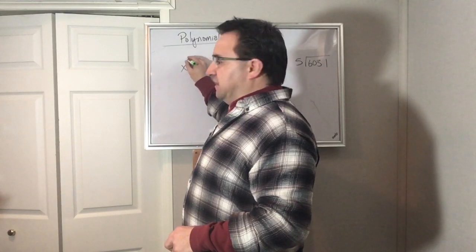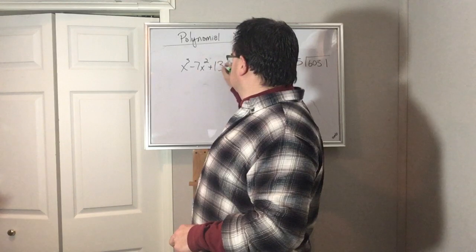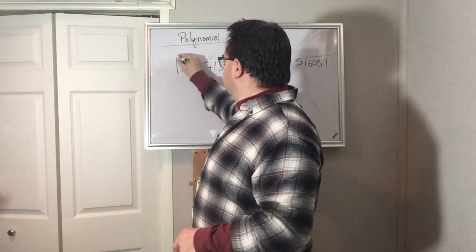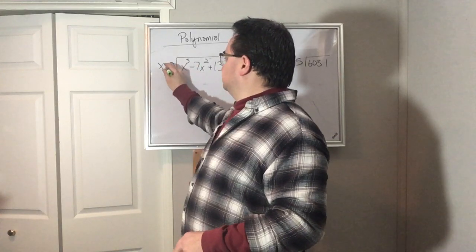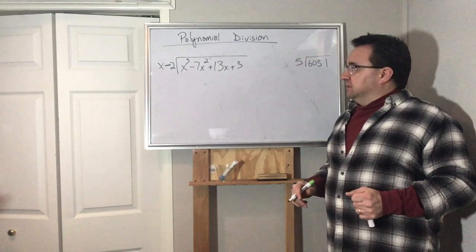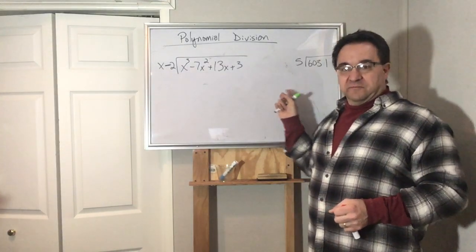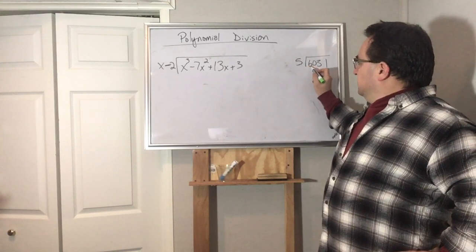Suppose you have x to the third, 7x squared, and I want to divide it by x minus 2. Well, that looks pretty weird. So let's cut over to here and remember how we do this. We go, how many times does this go into here?